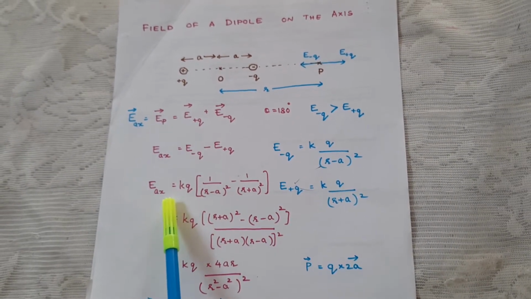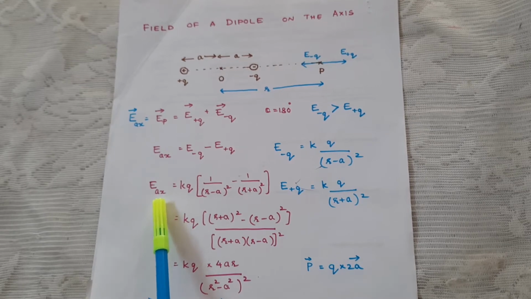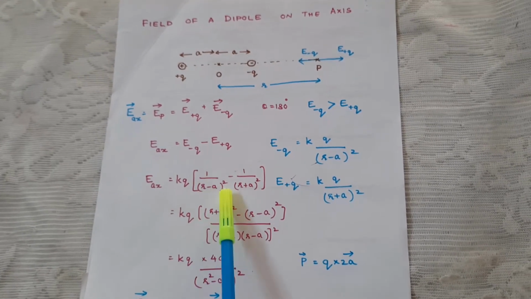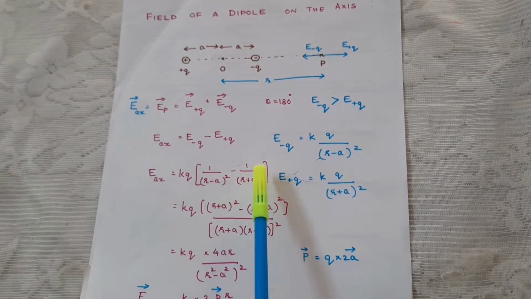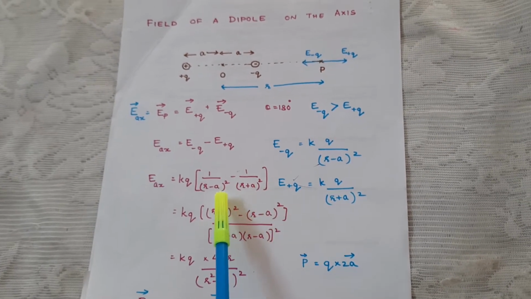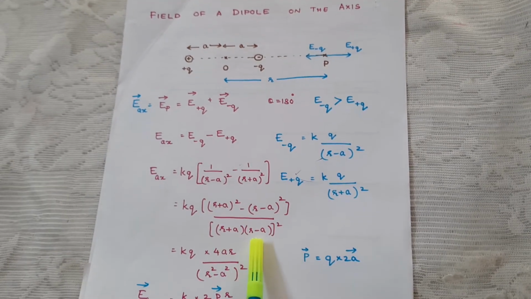So, the magnitude of the resultant field is kq, which is common, into 1 by (r minus a) the whole square minus 1 by (r plus a) the whole square. So, let us take the LCM.